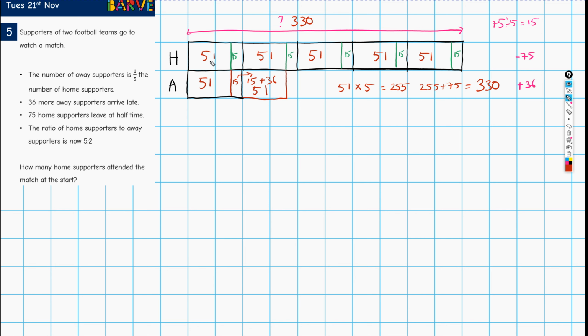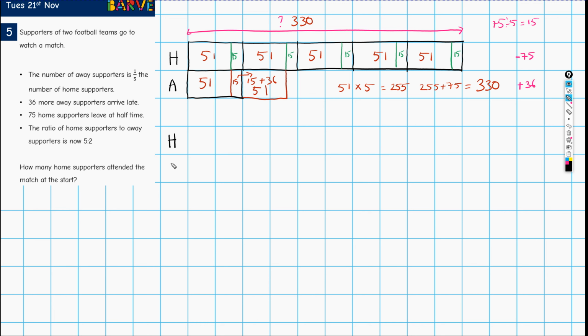Obviously, we also could have added 51 to 15, which would have given us 66, and then multiplied that by 5. So that's the first way I thought about this problem. But let's have a look at another way where we might be trying to be a bit more consistent about distributing losses and gains.